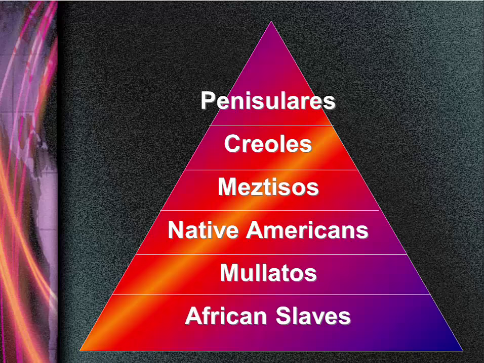Then you have the mestizos, who are usually mixed between Spanish and Native Americans. You have mulattoes, who are mixed African. They could be mixed with Native Americans, with a mestizo, or with a Creole. And then you have your African slaves at the bottom. So this was the pyramid of how everything was pretty much created here.